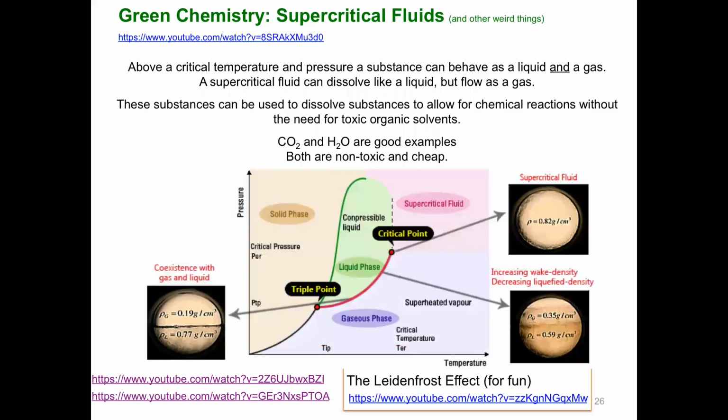Now, the important thing to remember when we're talking about this part of green chemistry is the idea of supercritical fluids, and I showed you the videos. The ideal gas law works best under normal conditions.